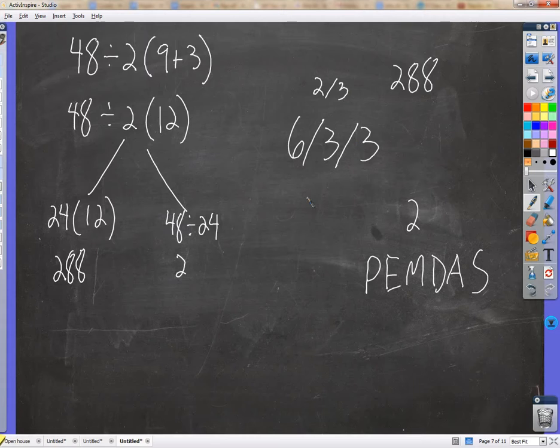Or he did 3 divided by 3, got 6 divided by 1, and got 6. And here's the thing, this could be representing 6 divided by 3/3, or 6/3 divided by 3. It could be either one of those.